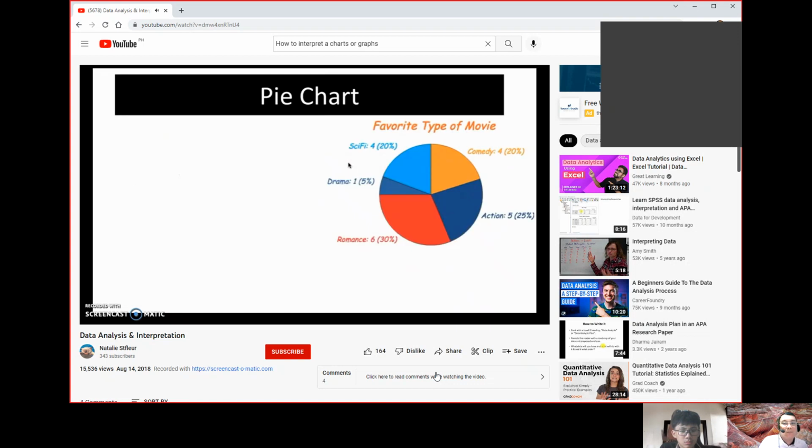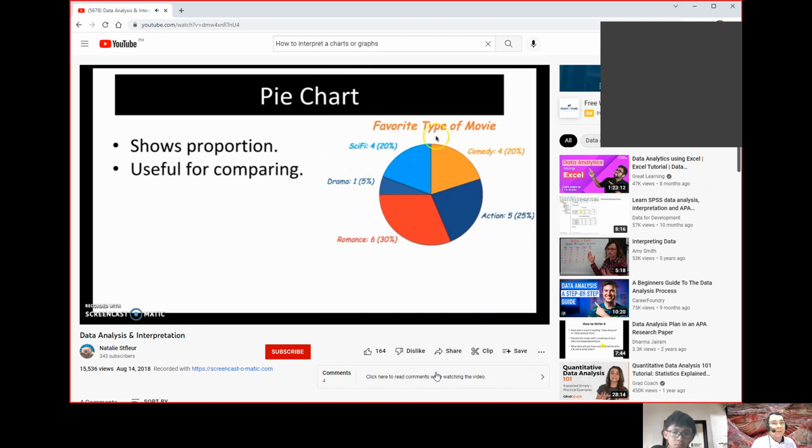The next representation we'll look at is a pie chart. Pie charts show numerical proportions, and that's useful for comparing. So for this example, we have favorite type of movie. We can utilize this pie chart to identify what was the most popular type of movie. The answer for that is the romance movies, and we know that because a larger slice of the pie is dedicated to romance.